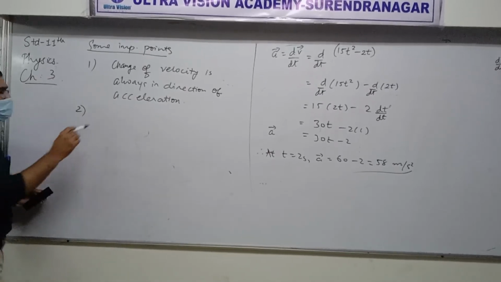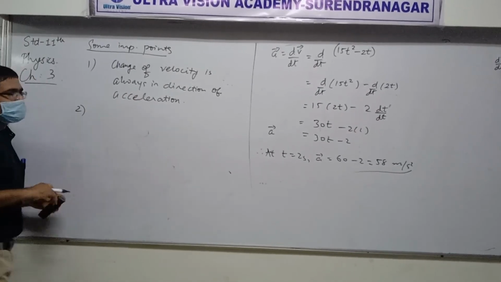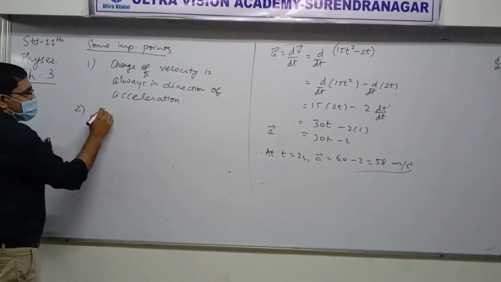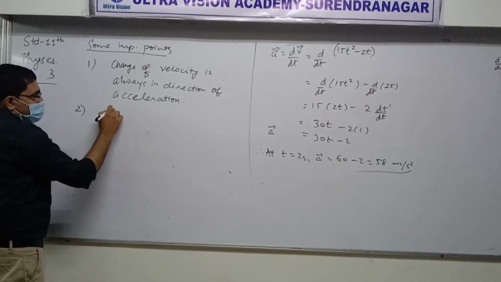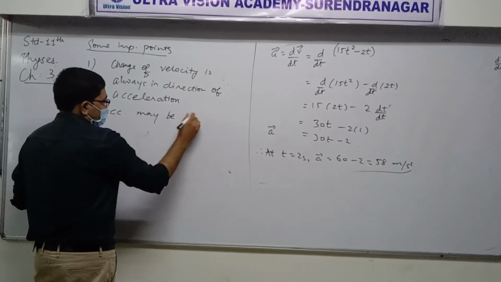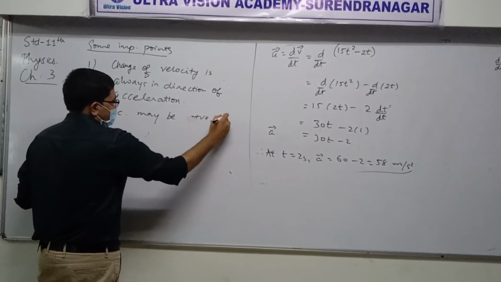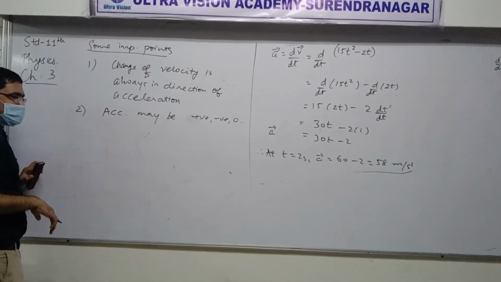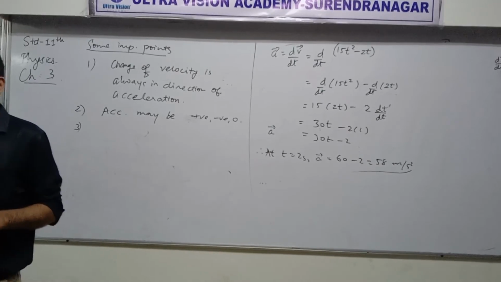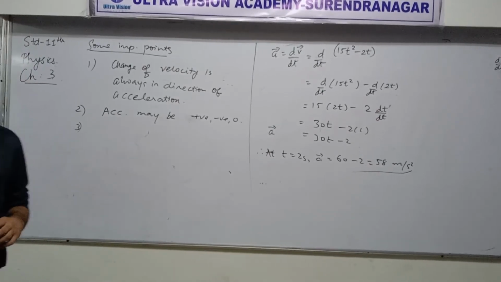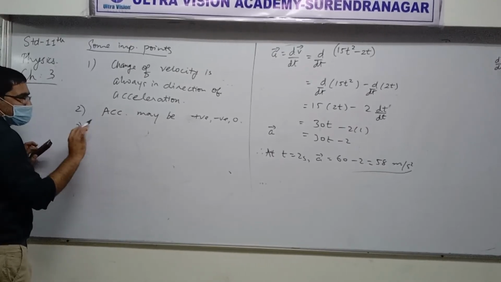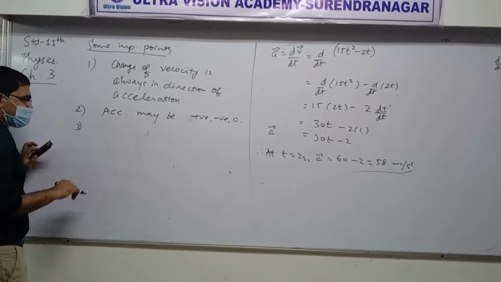Now, second one, acceleration may be positive, negative or zero. Three possibilities are there. Right? And what does the sign of acceleration indicate? Direction, because acceleration is a vector. Okay or not okay? So acceleration may be positive, negative or zero. Right? So positive, negative, right hand left side, 0.